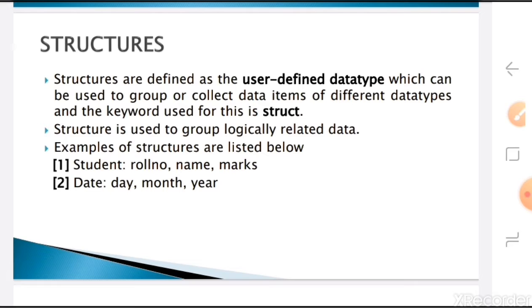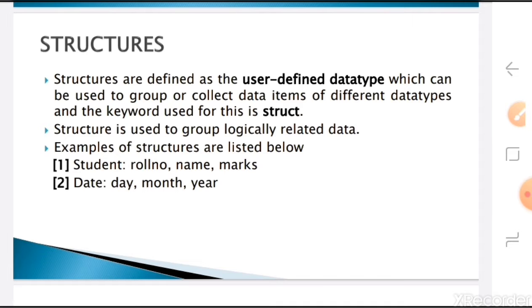Marks may be a float value. These three primitive types are logically related to a single student, so we have to combine them. To combine these kinds of things we use structures.